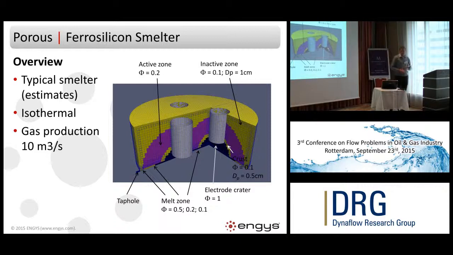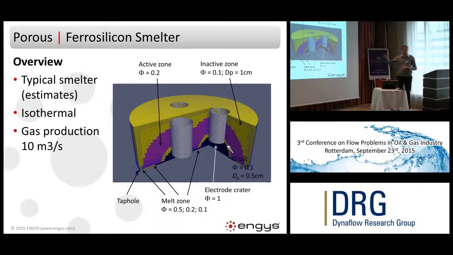Another simple application example for this was a ferrosilicon smelter. You have these 3 electrodes and a large production of gas occurring under the electrodes, and this is all surrounded by a porous bed of rock burden which is fed into the furnace.